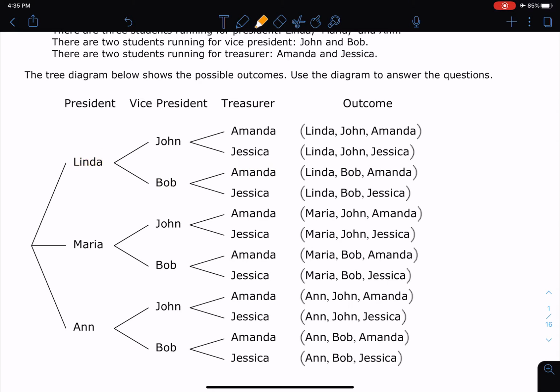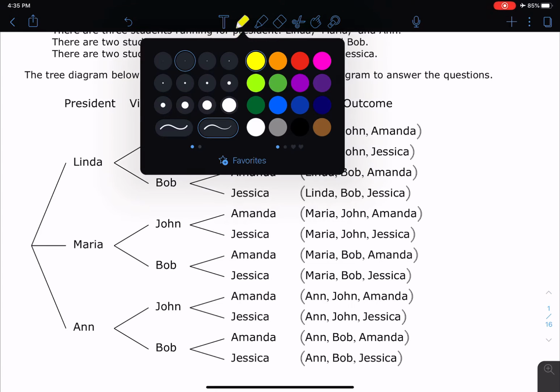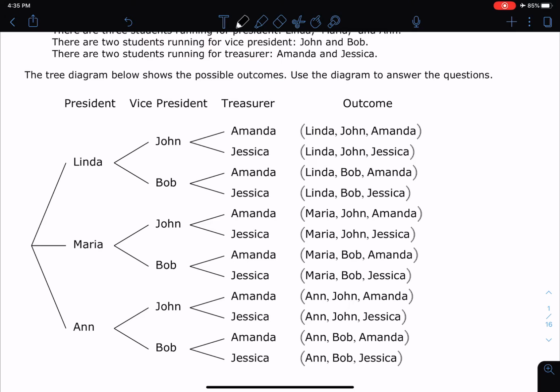The downfall of tree diagrams is that if the outcome, and let's get our language here, outcome is sample space, and remember this is all possible outcomes.